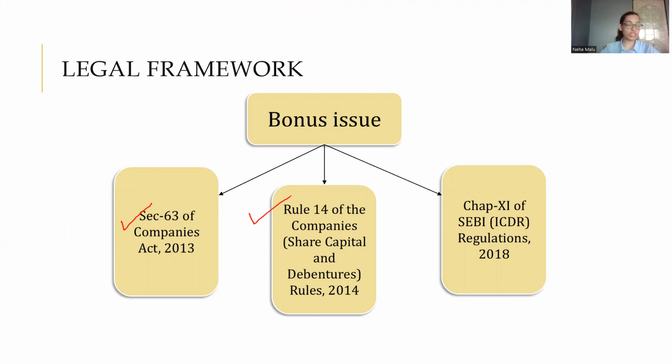This is with respect to all companies, whether listed or unlisted. However, listed companies, in addition to Section 63 and Rule 14, also need to comply with Chapter 11 of the SEBI ICDR Regulations. So this is with respect to the legal framework.